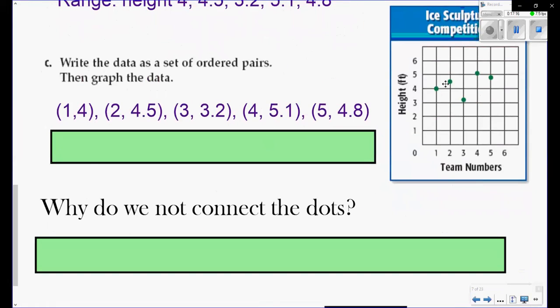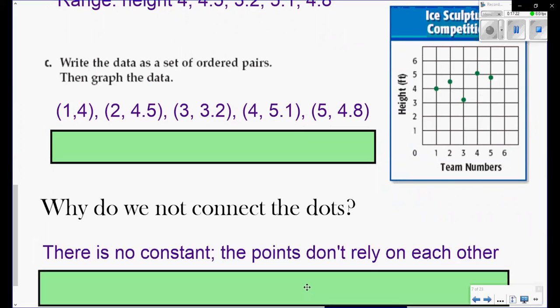In this case, we wouldn't connect these dots because there's no constant. The points don't rely on each other. It's separate teams. They have their own individual height. Team 1's height has nothing to do with the height of teams 2, 3, 4, or 5. So there's no connection, and that's why it's not connected.